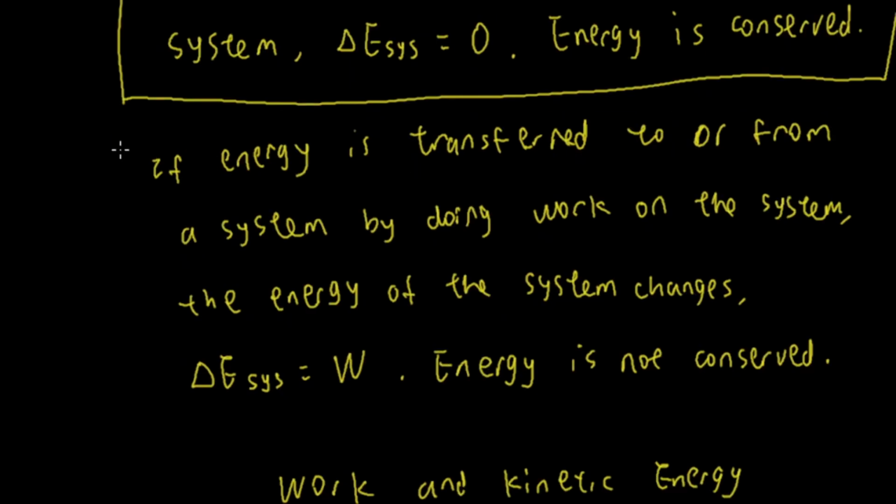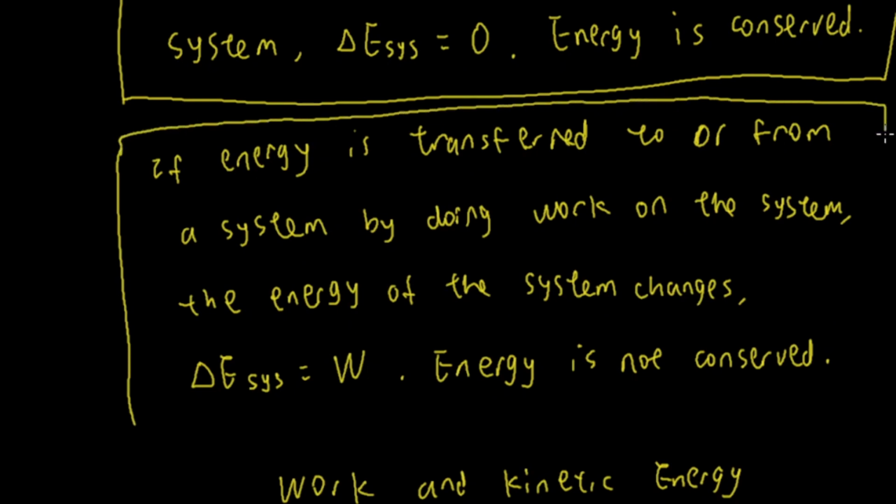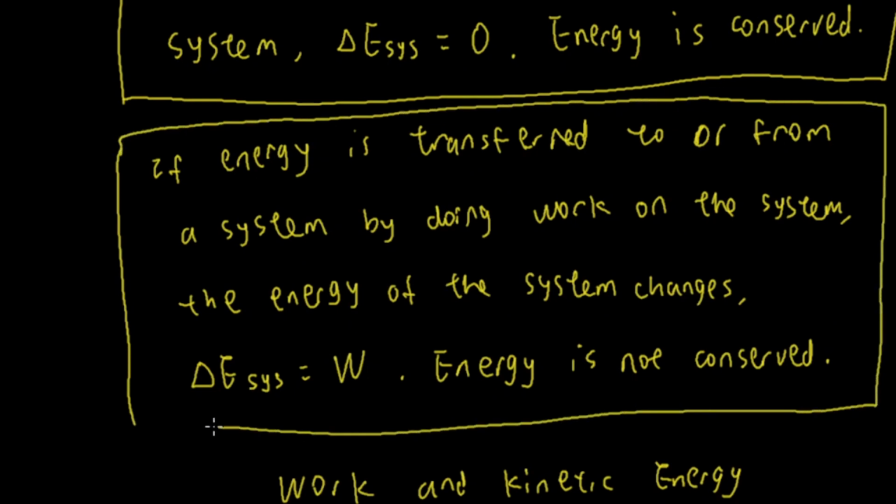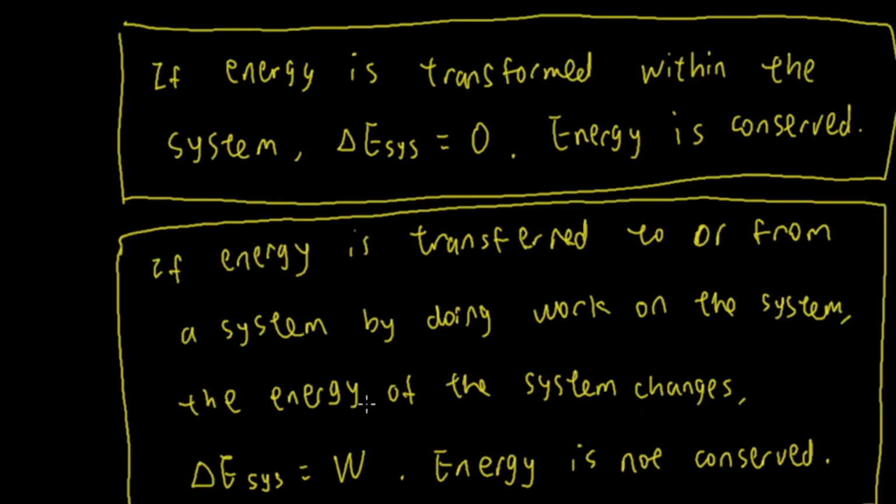Situation 2, the change in the energy of the system is equal to the work done, but this will be by the external force, right? Now notice what I just mentioned before. If the energy is transformed within the system, the change in the energy of the system is zero, then the energy of the system is conserved.